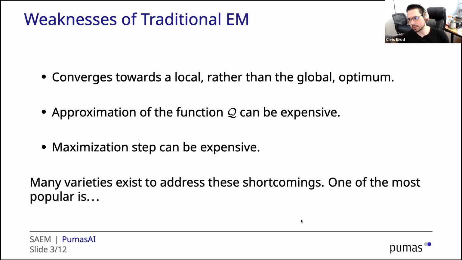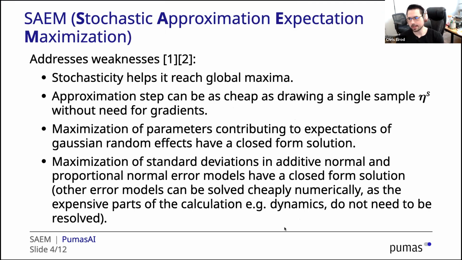There are a lot of different flavors of the EM algorithm, many of them taking some approach to address these issues. Perhaps the most popular of these varieties is SAEM, or stochastic approximation expectation maximization.